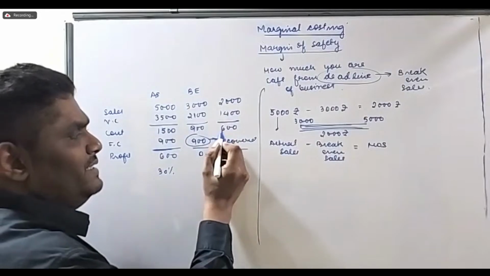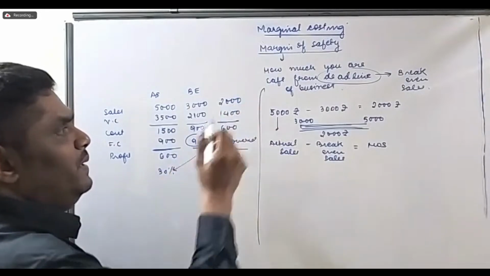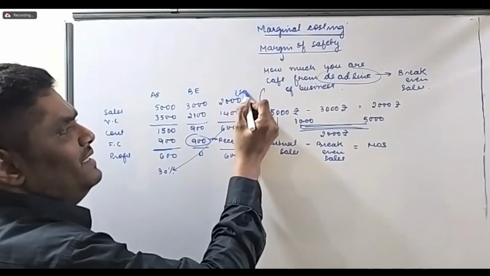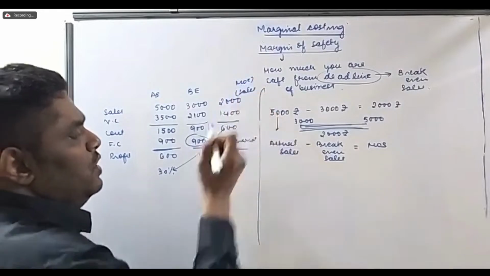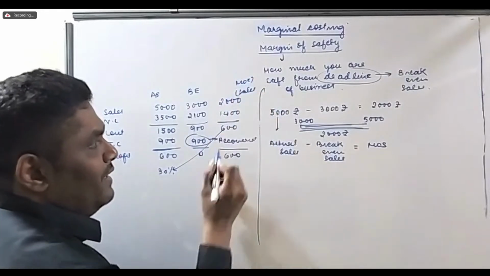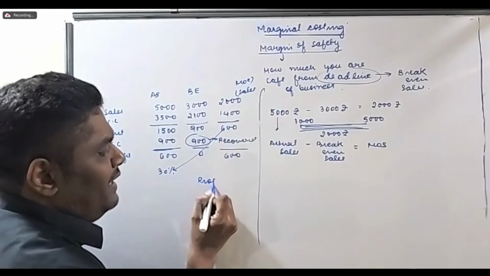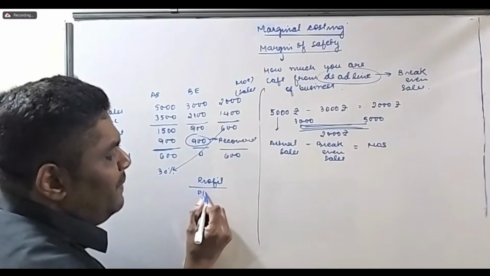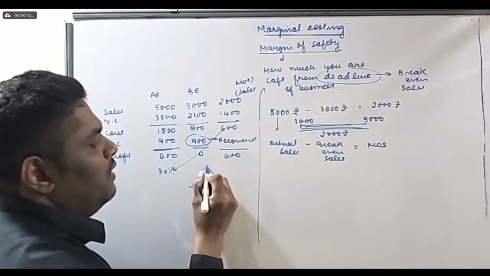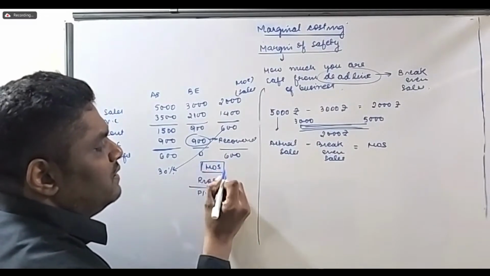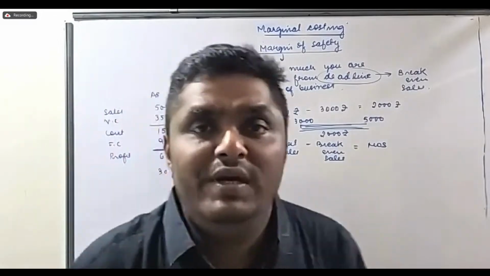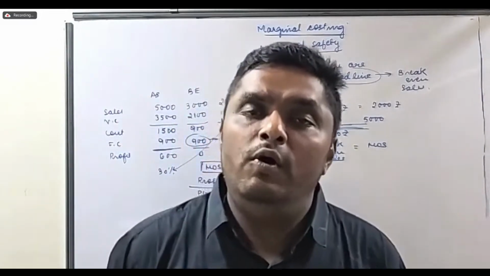If this is equal to 30%, so this will be what? My 2,000 will be my sales, that is margin of safety sales. So we can say one more formula: extra contribution, what we call profit, divided by PV ratio is my margin of safety sales. So what is profit actually? The extra contribution over and above break-even sales.